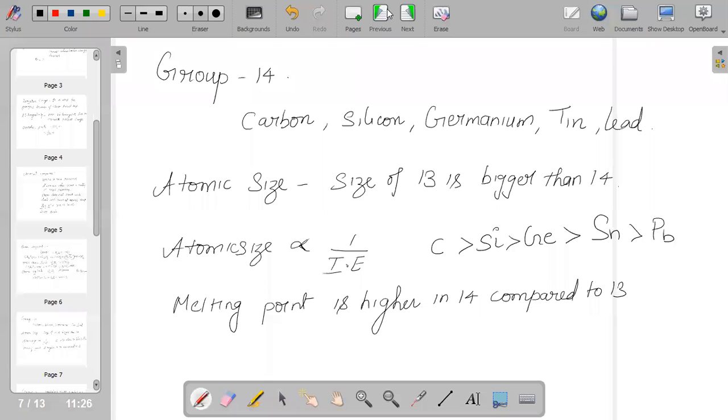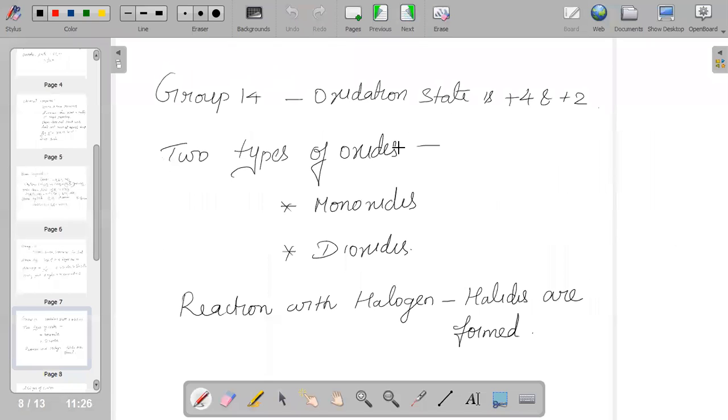When we talk about the group 14 oxidation state, this group has the tendency of showing oxidation states of +4 and +2. Carbon, because of its high ionization energy, is always in favor of sharing electrons, so it shows an oxidation state of +4.